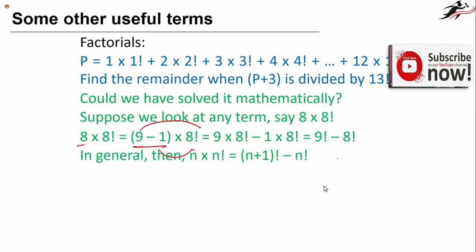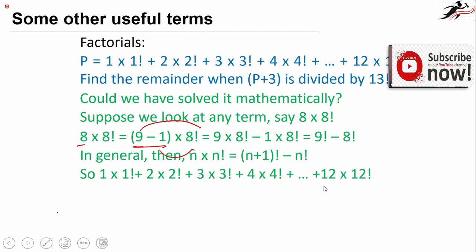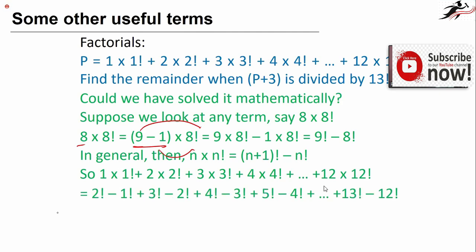Similarly, 7 into 7 factorial will become 8 factorial minus 7 factorial. Then 7 factorial minus 6 factorial, 6 factorial minus 5 factorial, 5 factorial minus 4 factorial, and so on. It will continue. So in general, this can be written as 2 factorial minus 1 factorial, 3 factorial minus 2 factorial, 4 factorial minus 3 factorial, and 5 factorial minus 4 factorial, and so on.